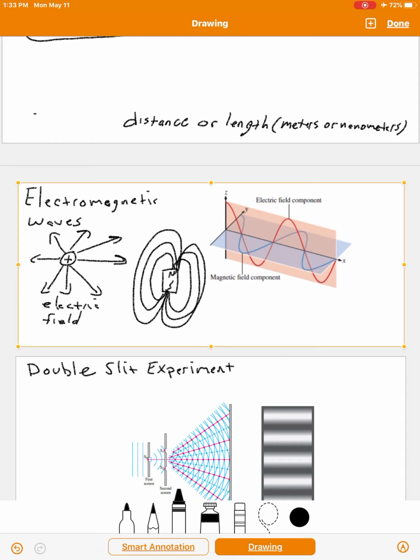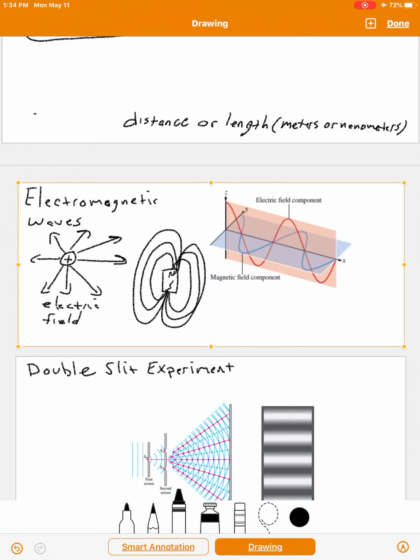So electromagnetic waves also produce magnetic fields that oscillate, that change direction and intensity at the frequency of the wave. So again, if this electromagnetic wave has a frequency of 3 million hertz, its magnetic field would be changing at 3 million hertz, 3 million times per second. And the 2 fields, the electric field and the magnetic field, are perpendicular to each other.